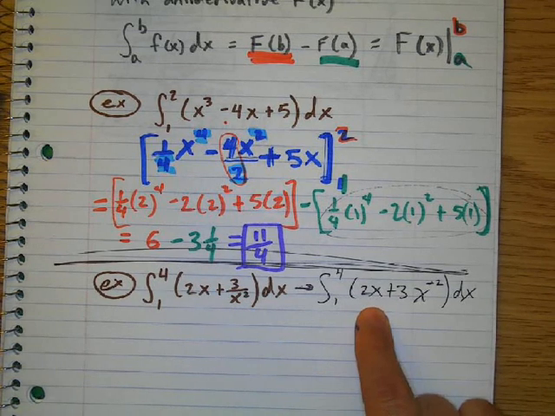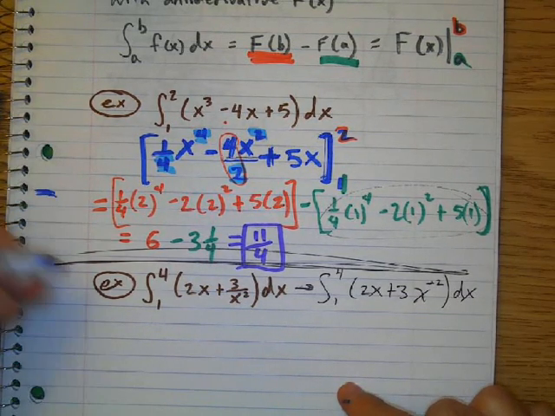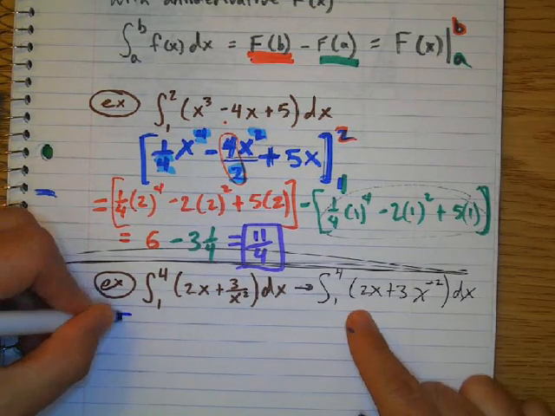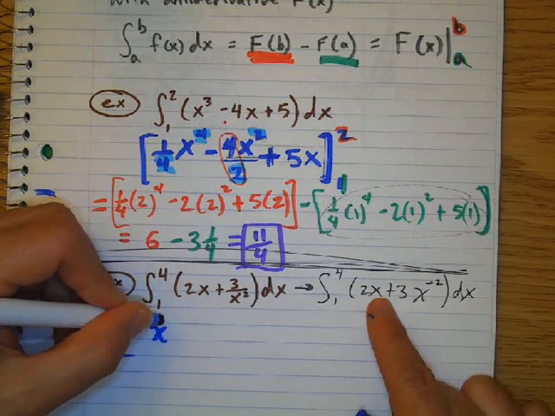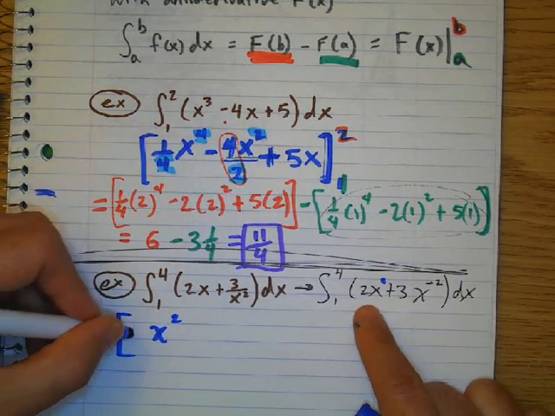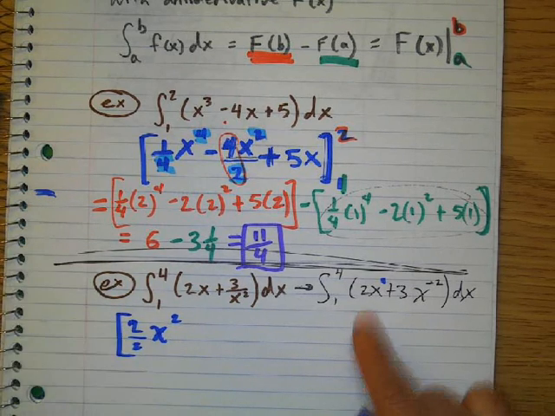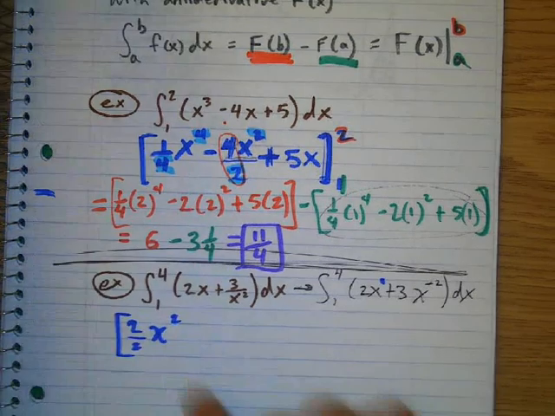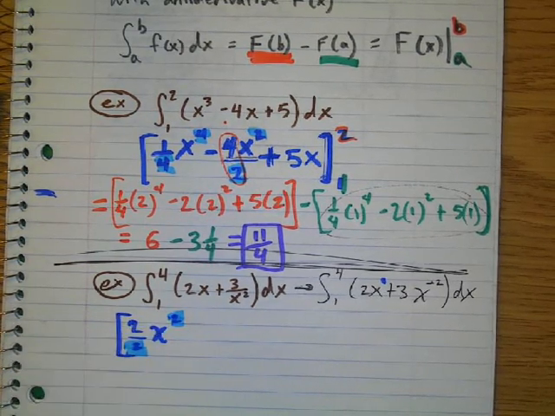Okay, so now the antiderivative of this is, we've got the x, which has a power of 1, so it's going to increase by 1, so 2. So we've got 2 over 2. This 2 here is because of that power, and we already had a 2 there.